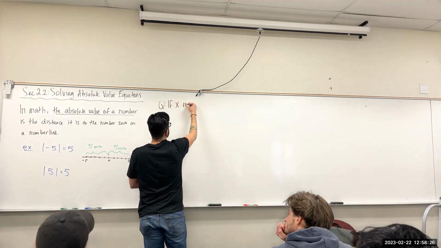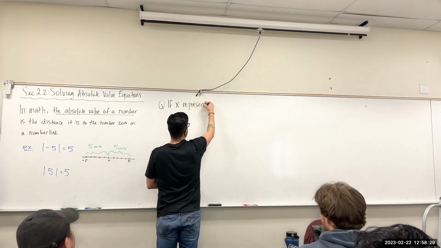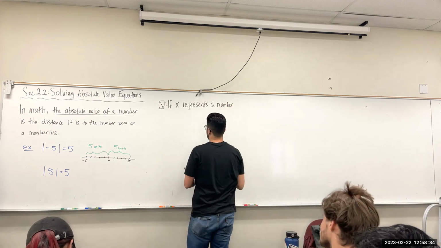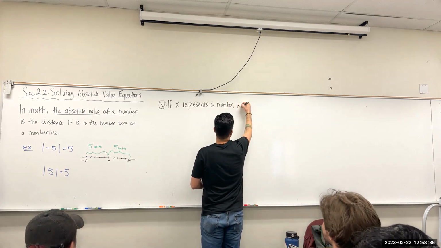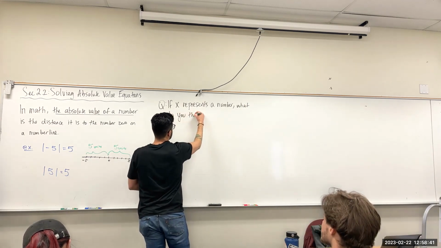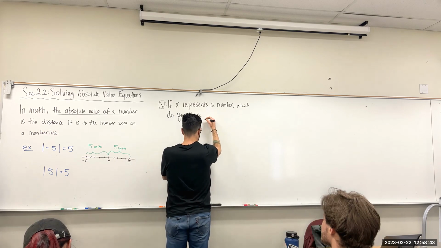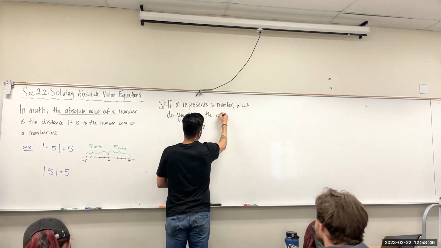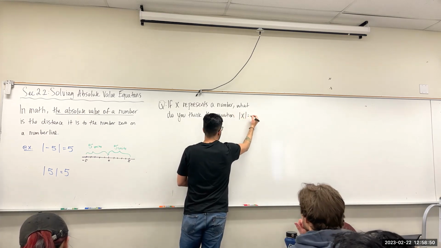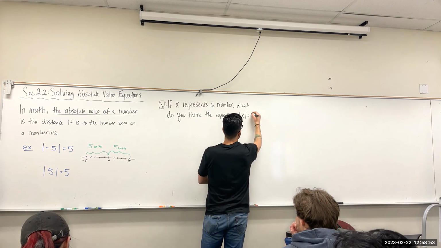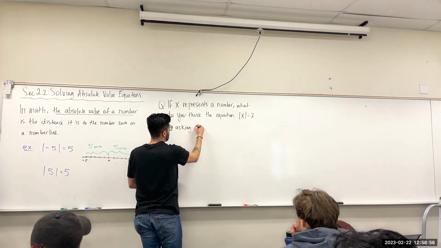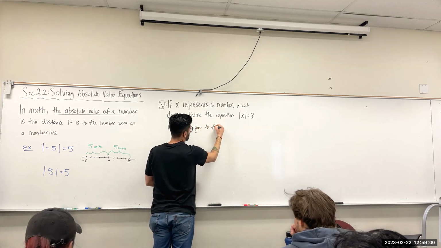If x represents a number, so it's representing some number that we don't know, what do you think the equation absolute value of x equals 3 is asking you to find?